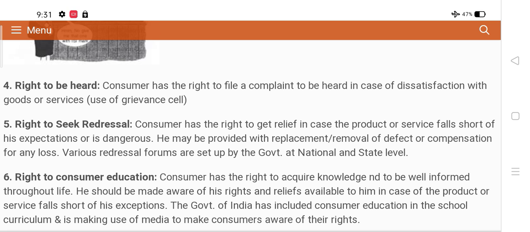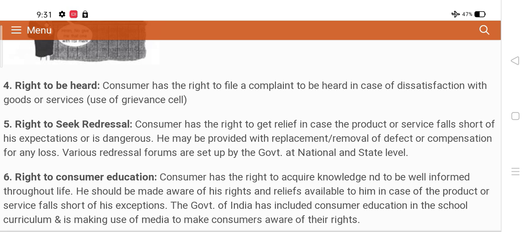The consumer has the right to acquire knowledge and to be well informed throughout his life. So the law has given him the full right to acquire knowledge and to be well informed about the product throughout life. He should be made aware of his rights and the reliefs available to him in case a product or service falls short of his expectation.